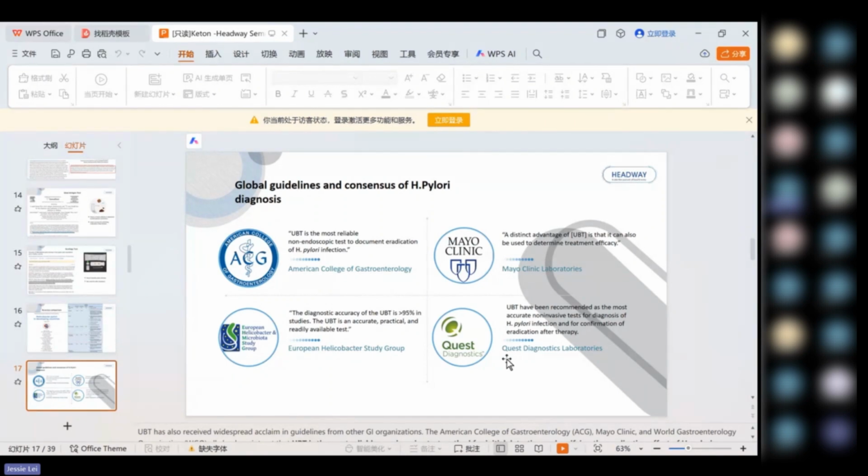Also, the world-famous GI organizations have given high appreciation to the urea breath test, like ACG and Mayo Clinic, and the WGO also points out that the urea breath test is the most recommended non-invasive method for initial checking and verifying the eradication of H. pylori infection.